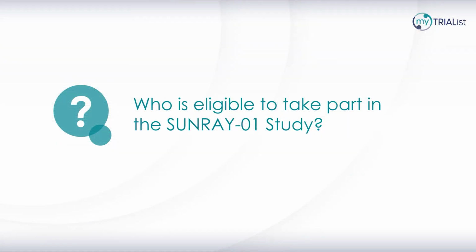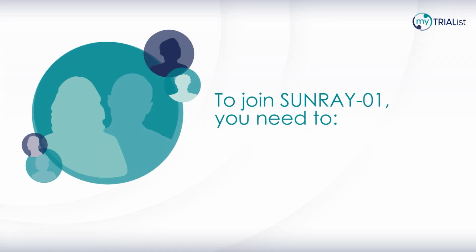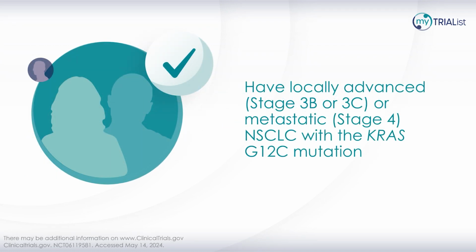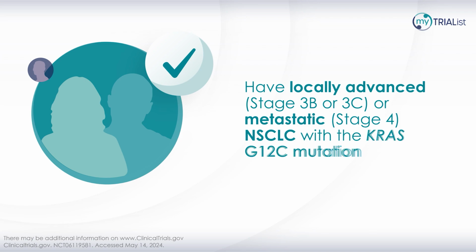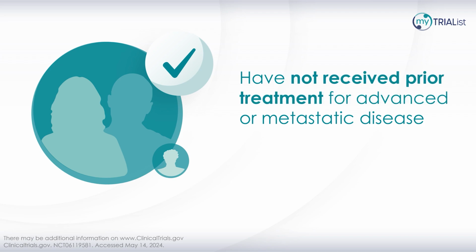Who can take part in this study? To join SUNRAY-01, you need to have locally advanced or metastatic NSCLC, specifically stage 3B, 3C, or stage 4, with a KRAS G12C mutation. You must have not received prior treatment for advanced or metastatic disease, but certain limited treatments may be allowed, such as one cycle of standard of care treatment.